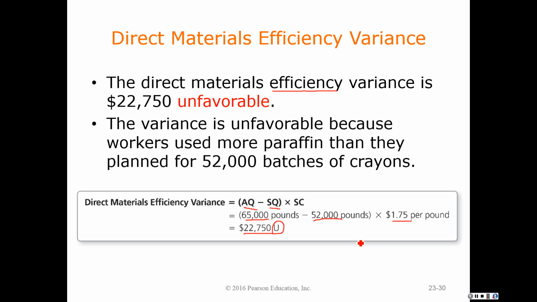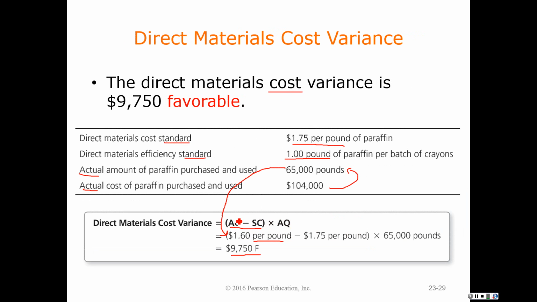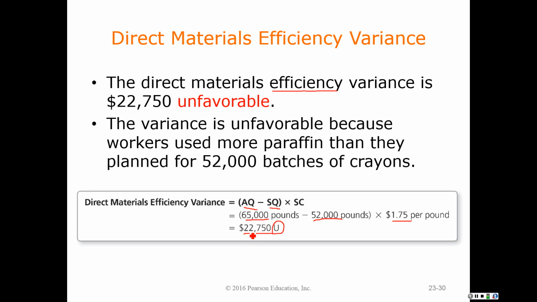So once again, we know that we paid less per pound than we thought, but for some reason we have used more. So who did we say is responsible for this? The production manager. If I go to the production manager and I say, why are you using 13,000 more pounds of paraffin than you should have in this process?